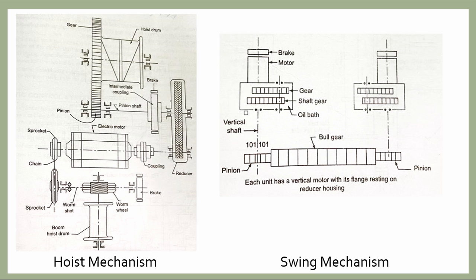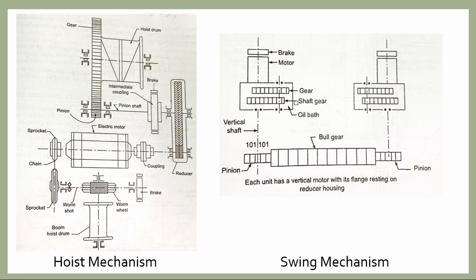Both the pinion and gear are mounted. Hence, the power from the gear is transmitted to the pinion, which is again in mesh with another gear. So this gear carries a vertical shaft, and that is the output of the reducer, at the end of which is a pinion.